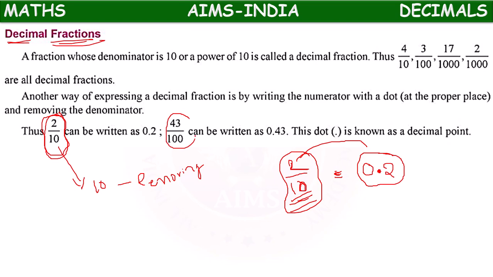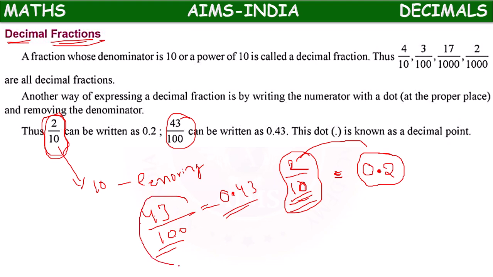Suppose we have 43 by 100. In the denominator we have 100 which has 2 zeros. So we have to leave 2 places, 3, 4. After that, the point. Before the point there is nothing, so 0.43.